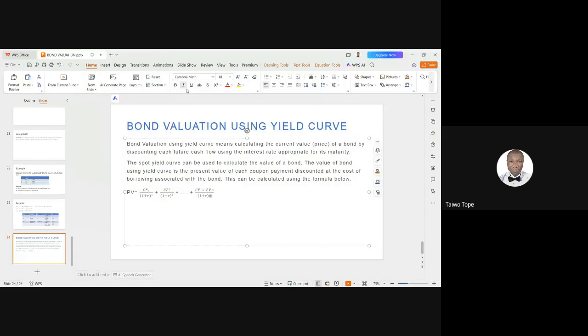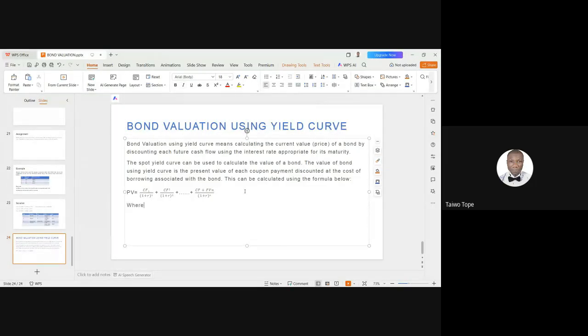So for you to get your present value or the price of the bond using the yield curve, take note of the concept now. You've been determining the price of a bond before now, but now the subject matter is the yield curve. This is the formula.